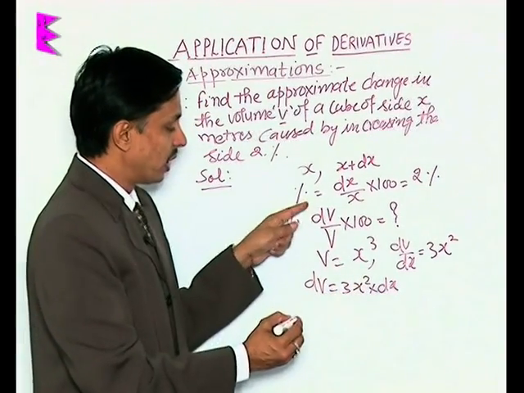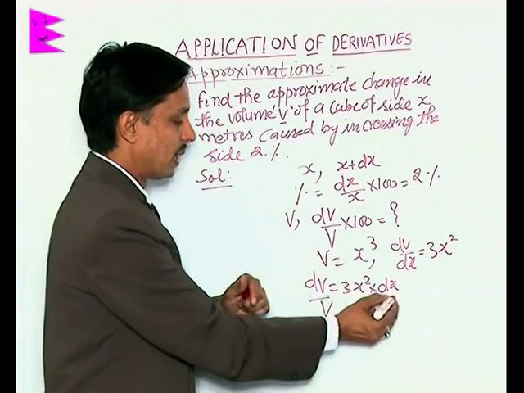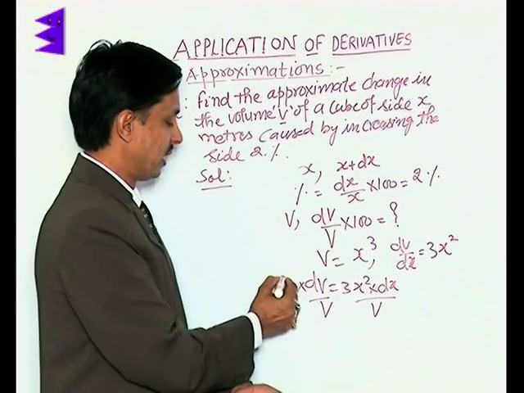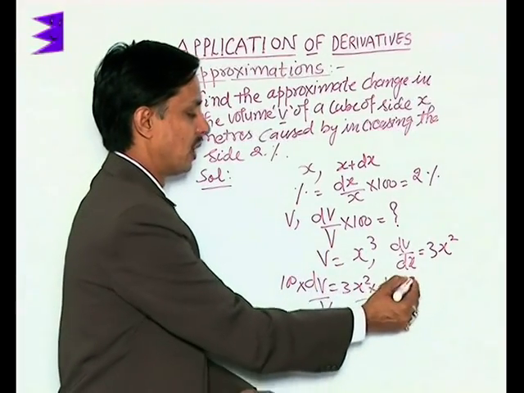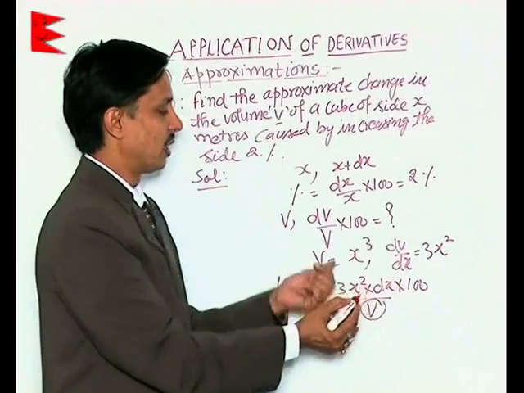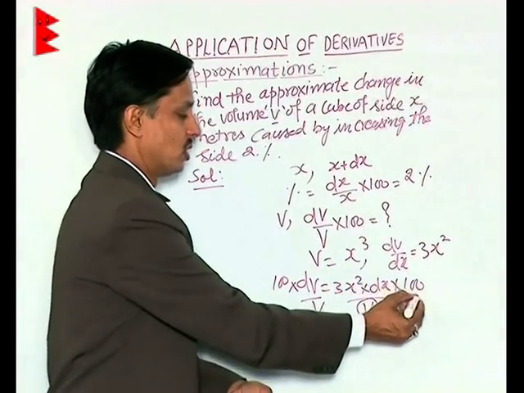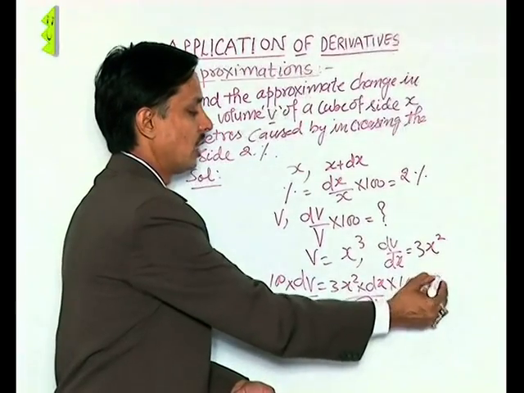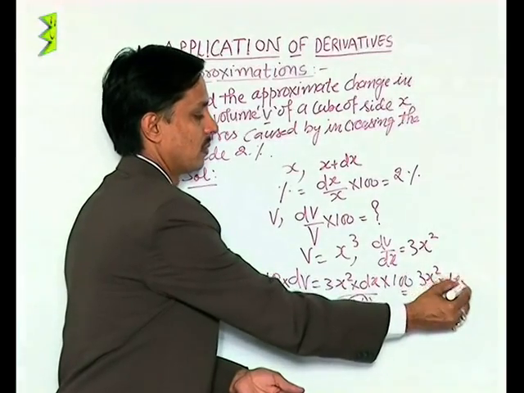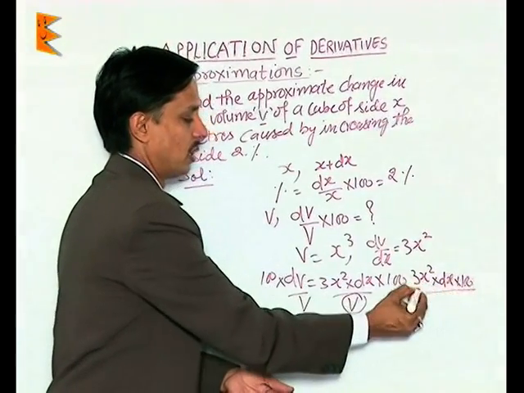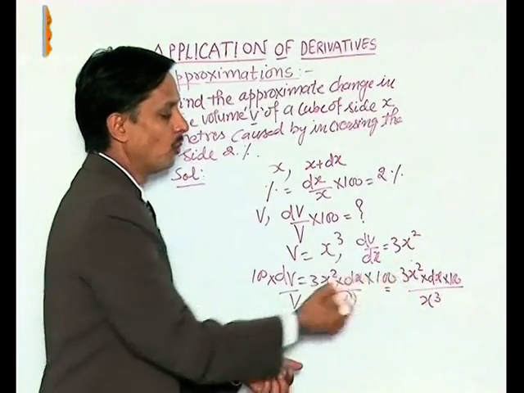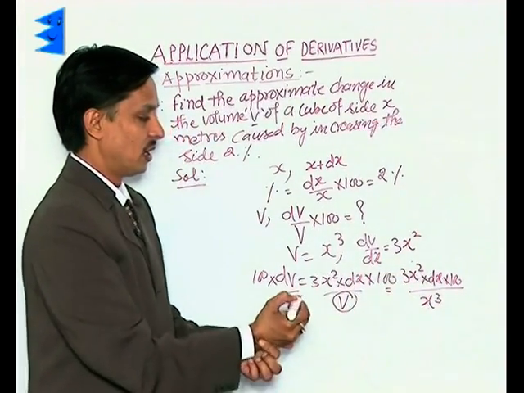We want to calculate dV upon V, so divided by V, and also the percentage, so multiplied by 100. In place of V, we can replace x cube. So, this result will come as 3x square into dx into 100 divided by x cube. This x square and x cube will give us net x.